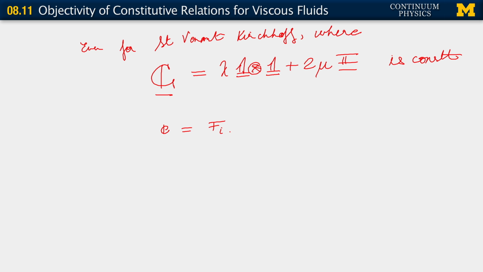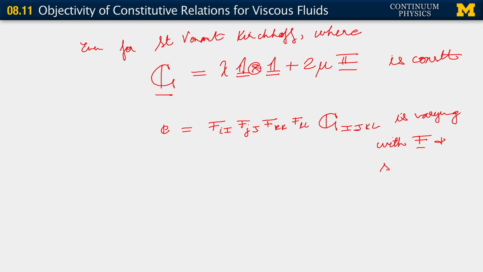So I have to go to this form. I have to go to coordinate notation to write it, to make clear what is going on. Okay, this is always varying with F and therefore with the motion.